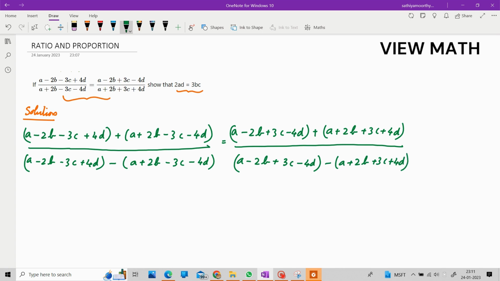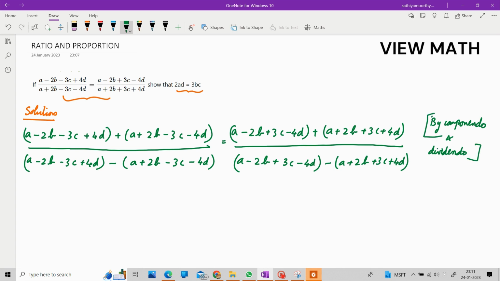So I have applied the componendo and dividendo property together, on both the left hand side and the right hand side. So I have got this. Now I am going to simplify it.